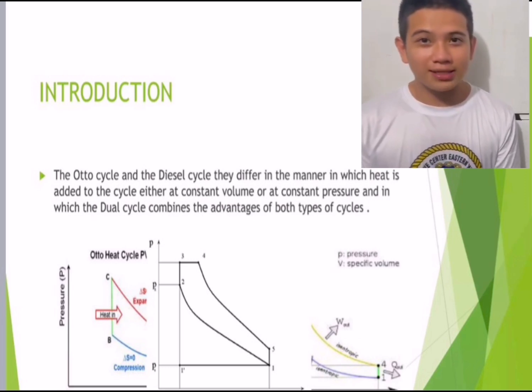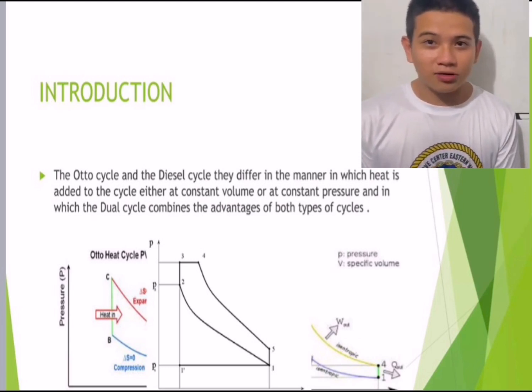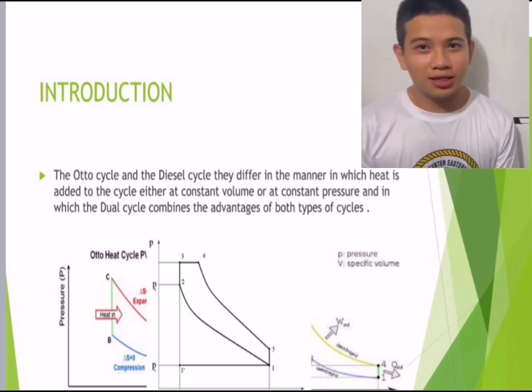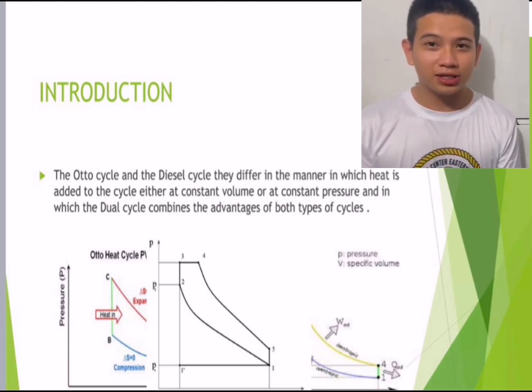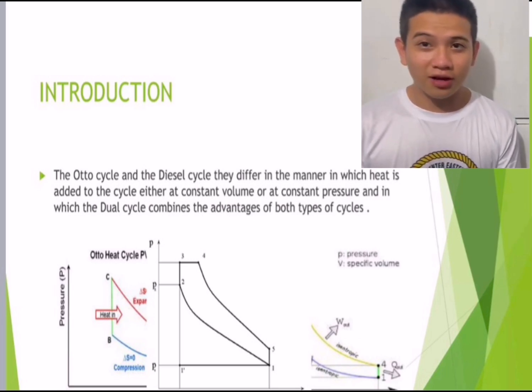The next one is the diesel cycle, which is the constant pressure cycle. Heat is added at constant pressure, modeling compression ignition in diesel engines, where fuel is injected into hot compressed air and ignites, with fuel injection continuing as the piston moves down to maintain relatively constant pressure.